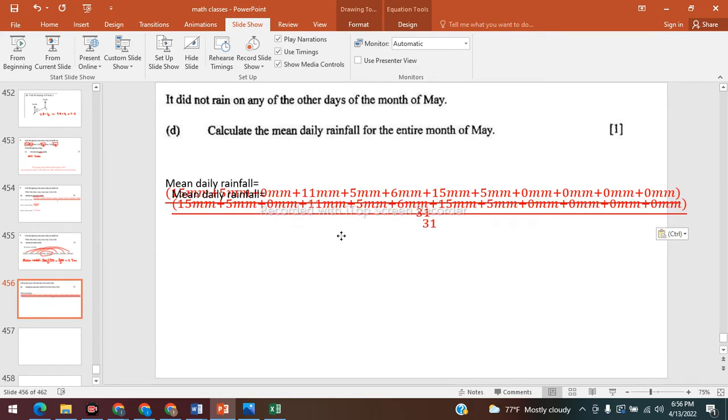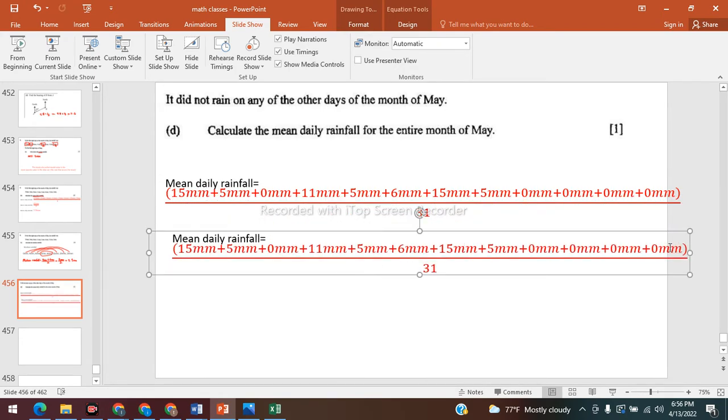We just add it all up, and the top number is still equal to 62.